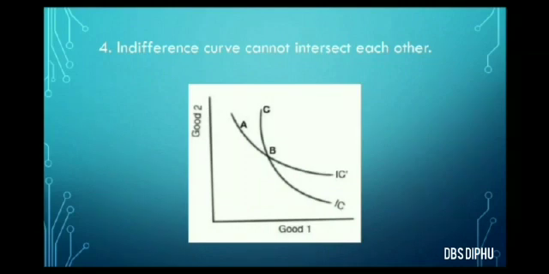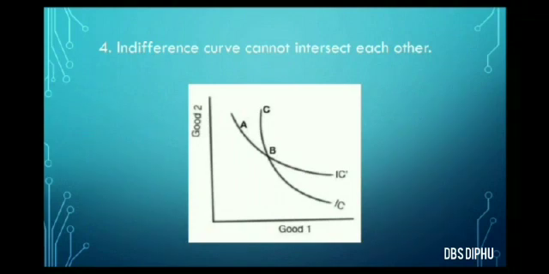Now you see here in this diagram, IC1 and IC2 are two indifference curves representing different levels of satisfaction, intersecting at point C, where the satisfaction of both indifference curves becomes the same. This is not possible under the indifference curve technique. Therefore, indifference curves cannot intersect each other.